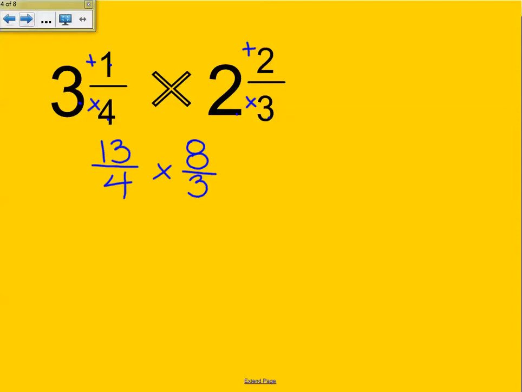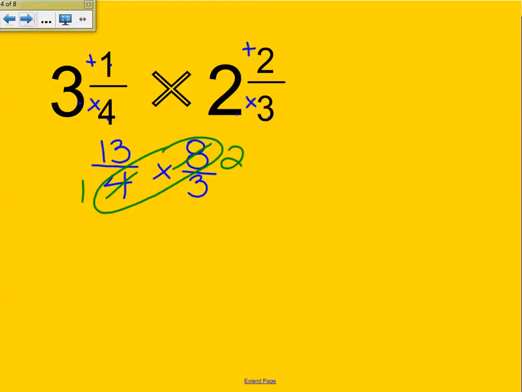I could just do 13 times 8 and 4 times 3. But let's see if I could use my trick from the last one. So I look along my diagonal. Is there a number you can divide both 4 and 8 by? Well, I know 4 can go into both 4 and 8. They're factors of both. So 4 divided by 4 is 1, and 8 divided by 4 is 2.